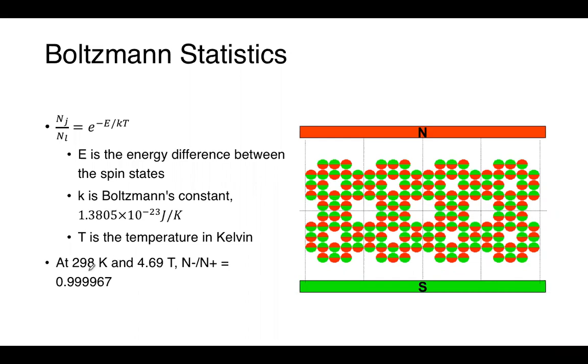At 298 Kelvin and 4.69 Tesla, N minus over N plus is equal to this. You can see that basically the populations are nearly identical in both states, because this is a ratio. The closer this is to 1 indicates that the populations are going to be equal in both spin up and spin down. So you can see that there's very little difference.